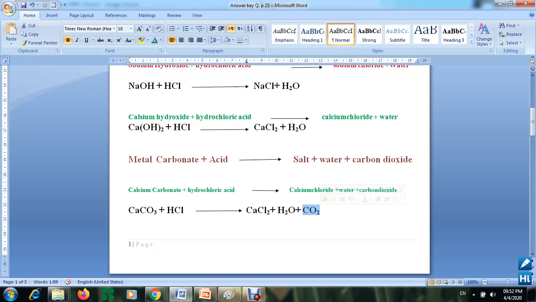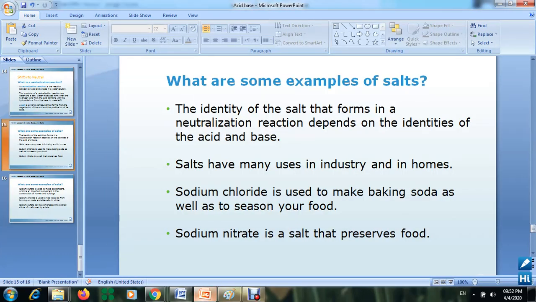Actually, salt is not only one type, not only the salt that we eat, sodium chloride. There are different types of salts and we can use them. They have many uses in industry and in homes.